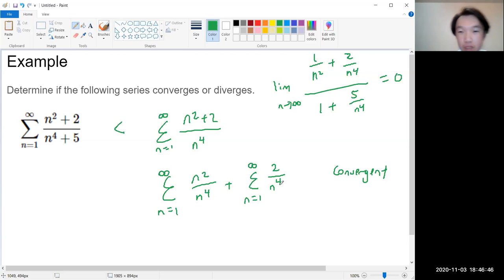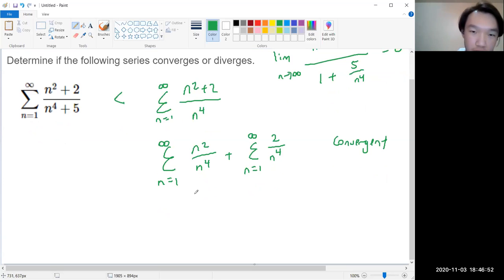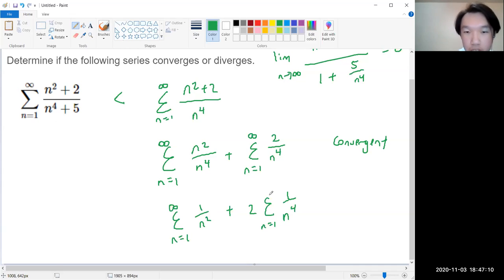All right. So let's analyze both of these. This one here is just 1 over n squared. And this one here, if we factor out the 2, is 1 over n to the 4th, right? Can you see how both of these series are now in the form of a p series?